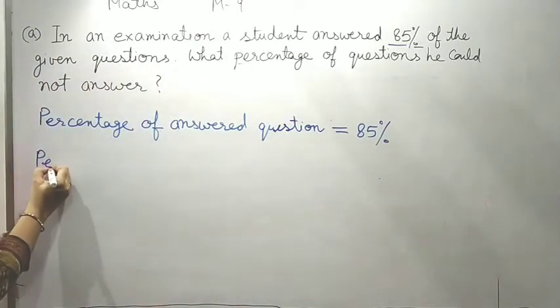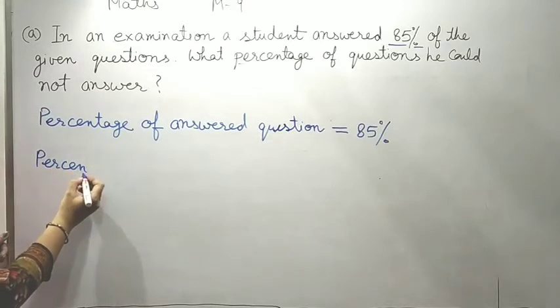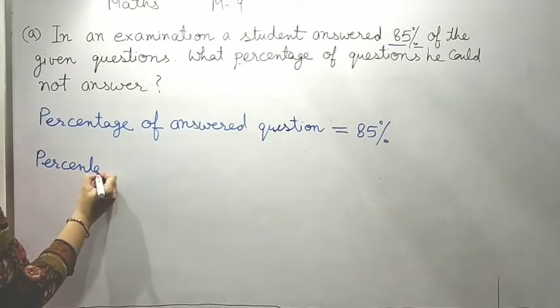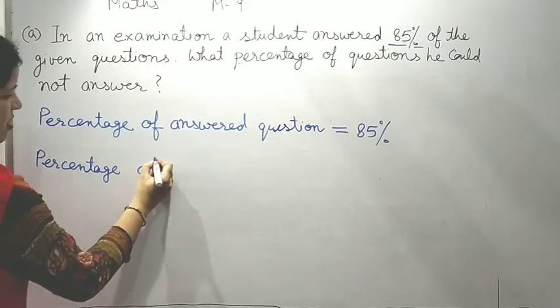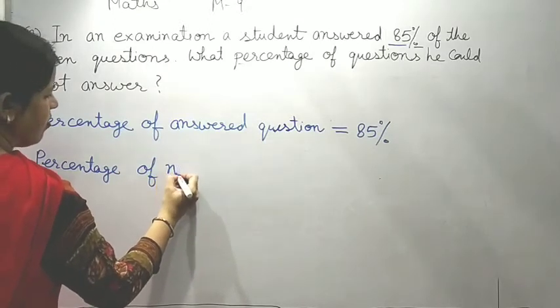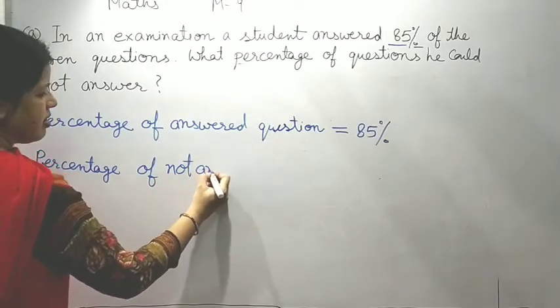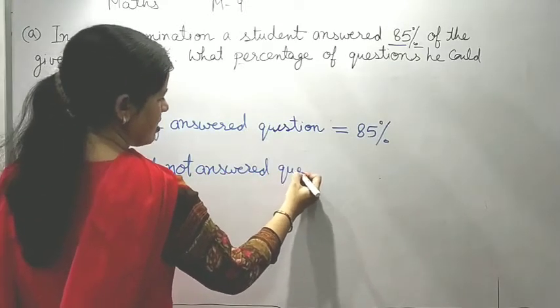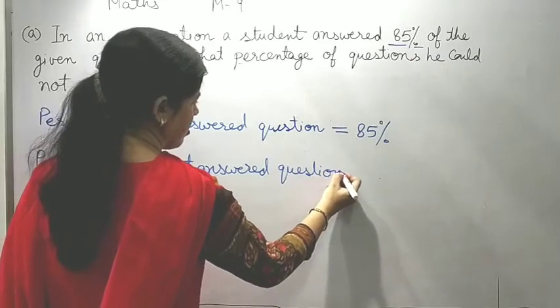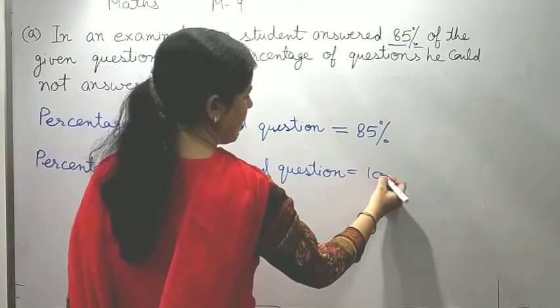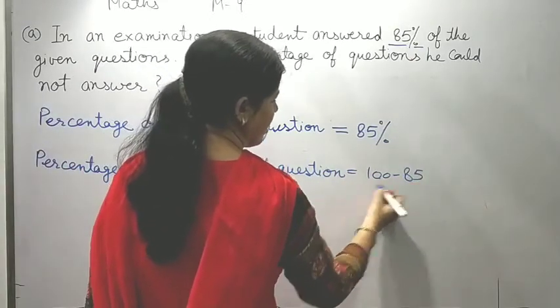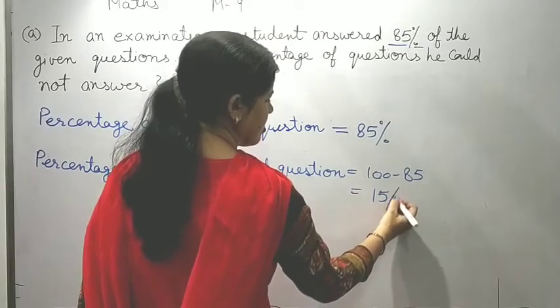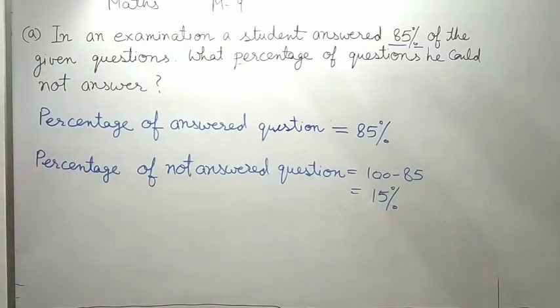Okay, and percentage of unanswered question is equivalent to, as total percentage is 100, so we can subtract it from 100. Not answered question is equal to 100 minus 85, and it is equivalent to 15%. Right? So this is the answer. So 15% of questions he could not answer.